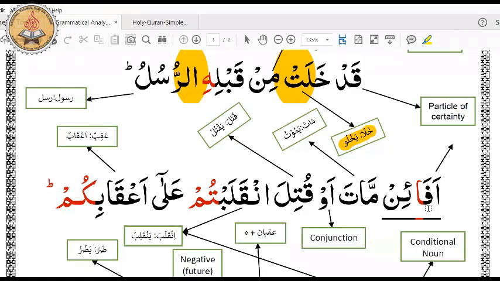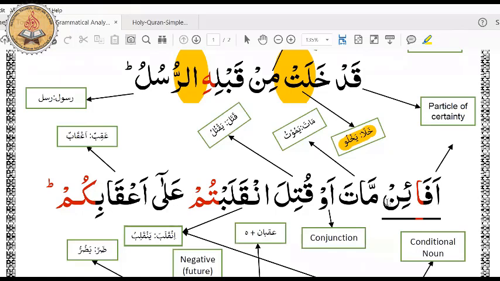Fa means then, like fasalli li rabbika, but here it is called supplemental. This is the style of the Quran, a supplemental word to add beauty and make the words flow, but it has a connection with them.